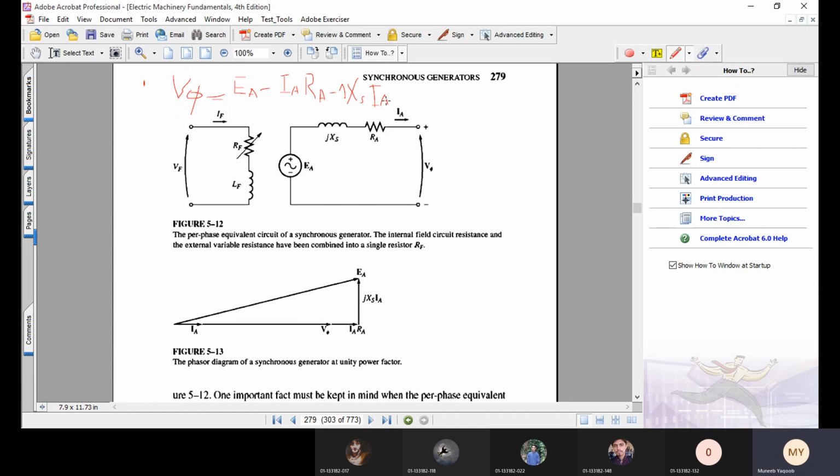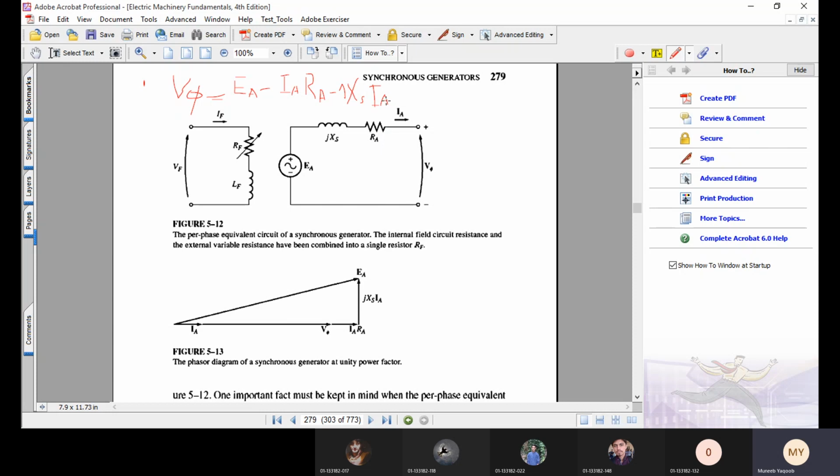What is a phasor diagram? A phasor diagram is basically the relationship among different voltage drops such as V phi, EA, IA RA, XS IA, considering the load that is being connected at the terminals of the synchronous generator.